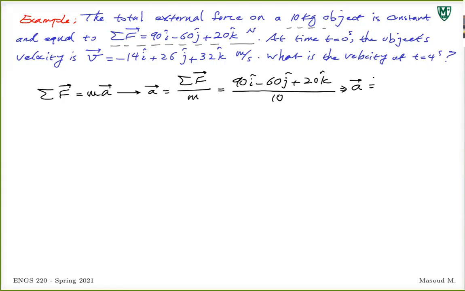You're dividing a vector by a constant, so just divide every component by that constant. This becomes 9i minus 6j plus 2k. This is the acceleration. How do I find the velocity at t equals 4?